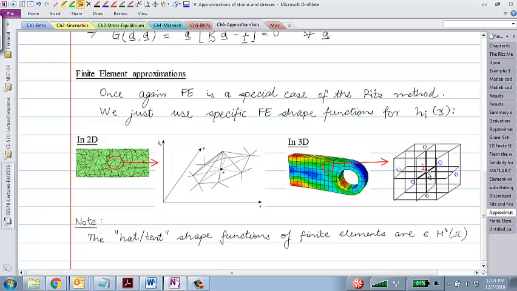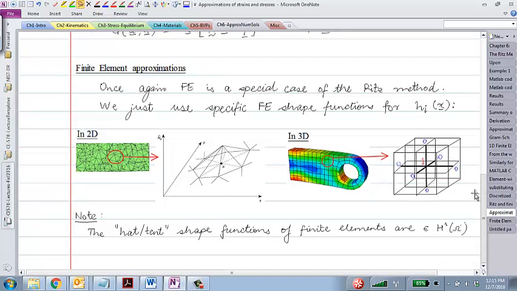If we represent 0 with blue, 1 with red, and all of the colors of the rainbow in between, then this function would go from blue all around the faces and the edges, and keep increasing to 1 at the center. That would be a 3D finite element function over a patch of elements, similar to a 2D function that looks like a tent, similar to a 1D function that looks like a hat. Okay.